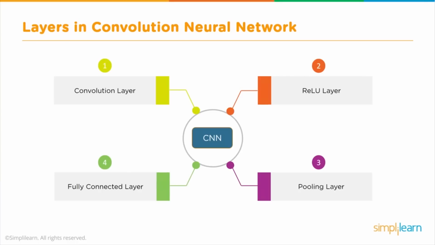Layers in a convolutional neural network. When we're looking at this, we have our convolution layer, and that really is the central aspect of processing images in the convolutional neural network. That's why we have it. And then that's going to be feeding in. And you have your ReLU layer, which is, as we talked about, the rectified linear unit. We'll talk about that a little bit later.